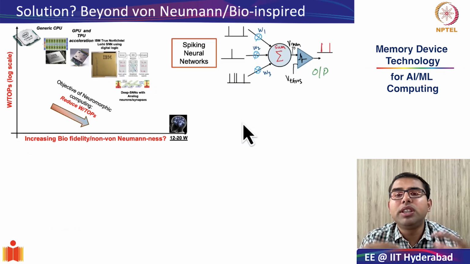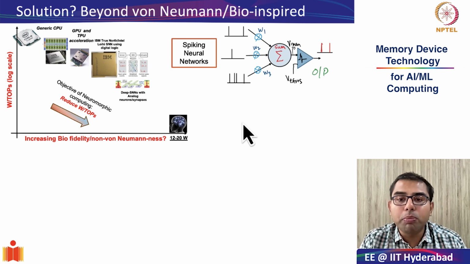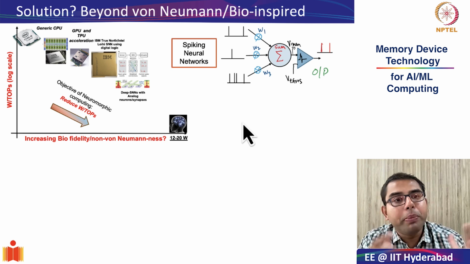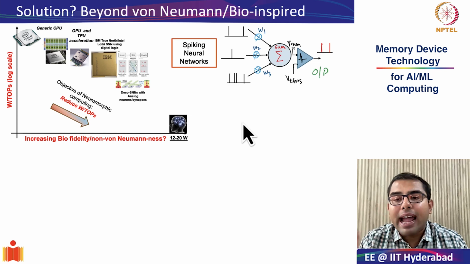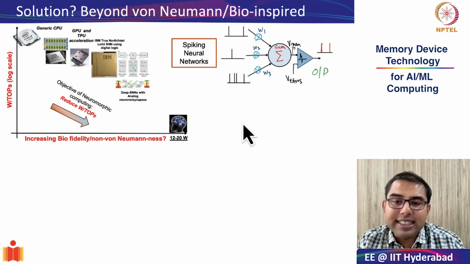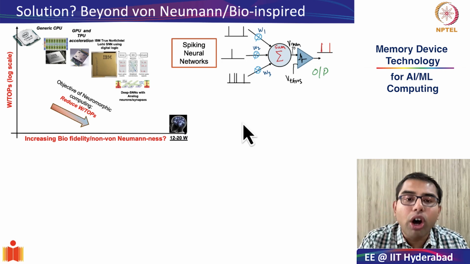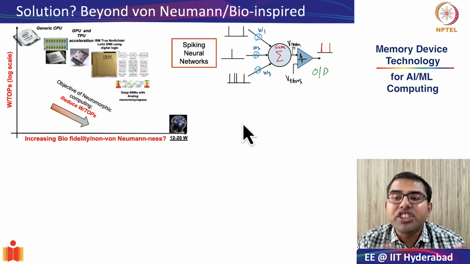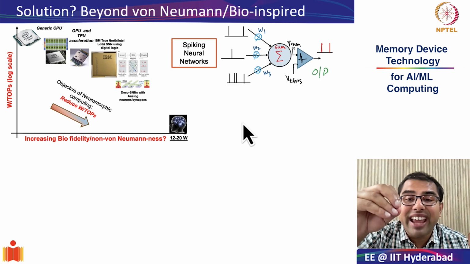So finally, with this foundational understanding, we started looking at new architectures at the system level, which can help us bridge the large gap between your current day computing and brain inspired computing. So as you can see, first we looked at spiking neural networks, which rely on spike-based asynchronous computing rather than continuous numerical values, which is in ANN.